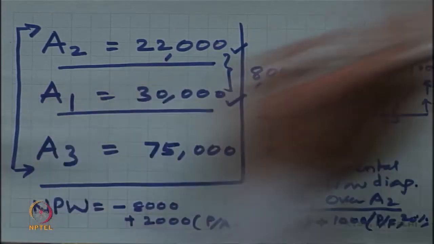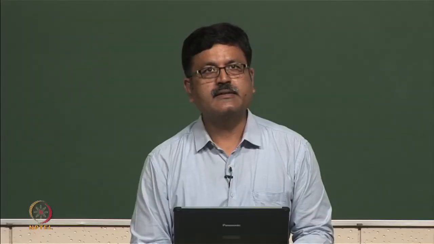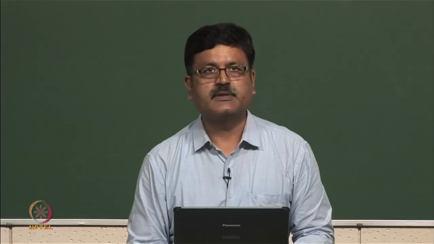And you can see that the net present worth at i equal to 20% is 546.5. Here again it is positive, which indicates that the return we are getting from this additional investment is more than 20%.